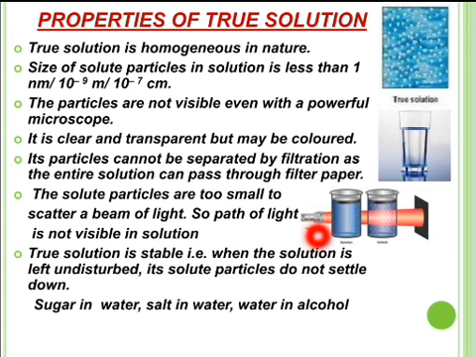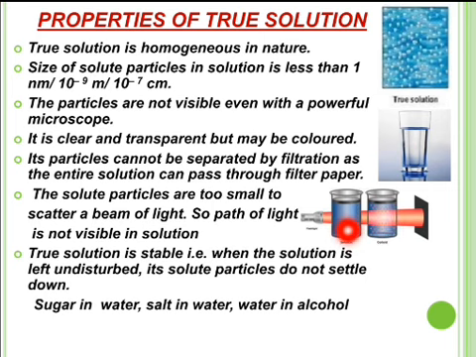When you pass light with the help of this torch, you can see from this diagram, if you try to pass it through this solution, the path of the light is not visible inside the solution. But the path of light is visible in this type of solution, not in this.